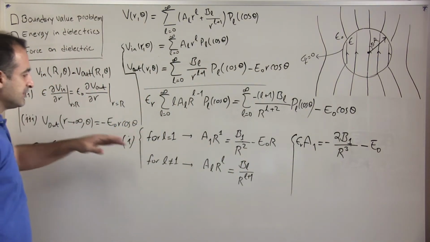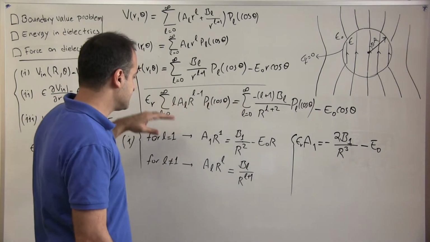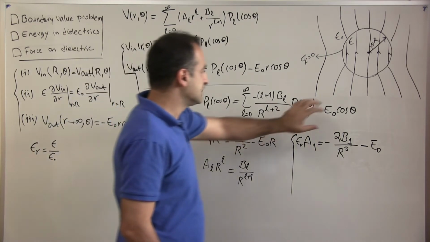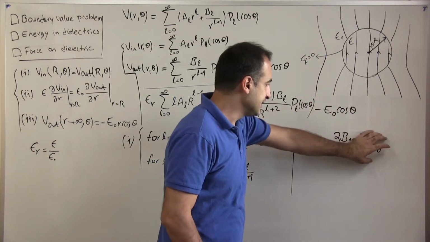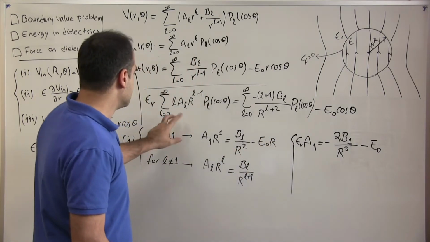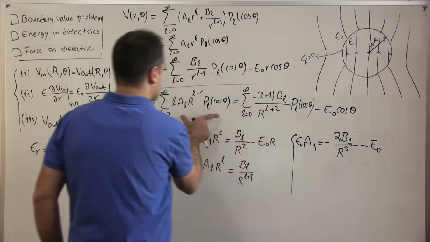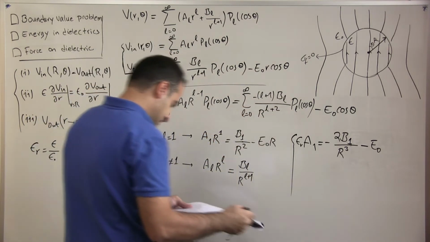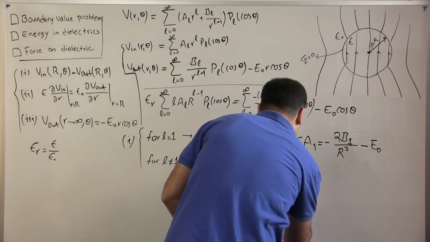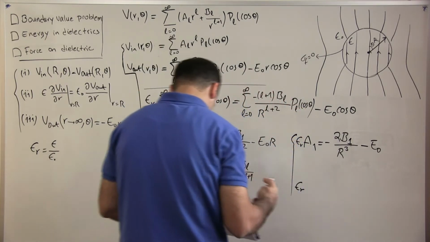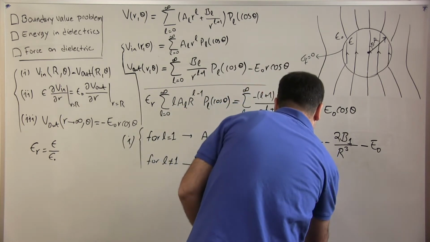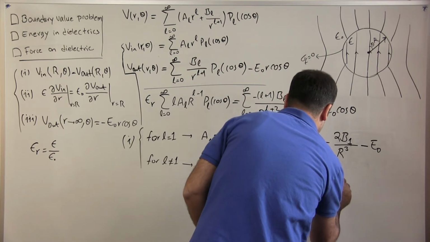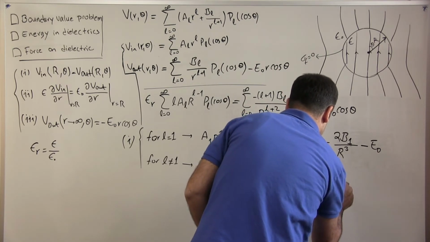Now if we look at other terms in this summation, we can come up with another relationship for all other A_L values. This term doesn't count because we already counted that in the case that L is 1. So these two summations are going to give me the relationship between A_L and B_L in terms of R, and that is epsilon_r, which is this, times L A_L R to the L minus 1.